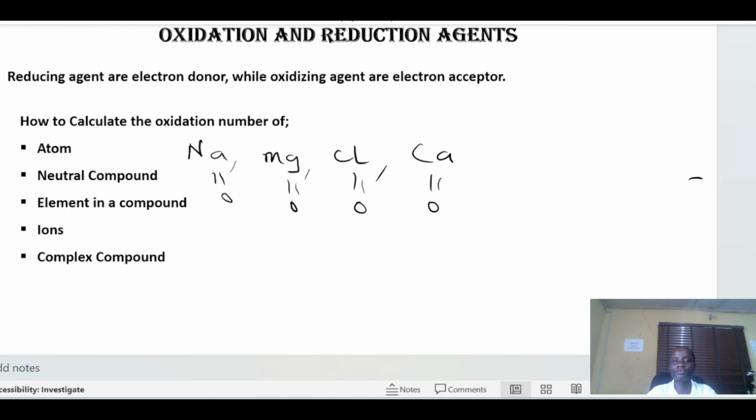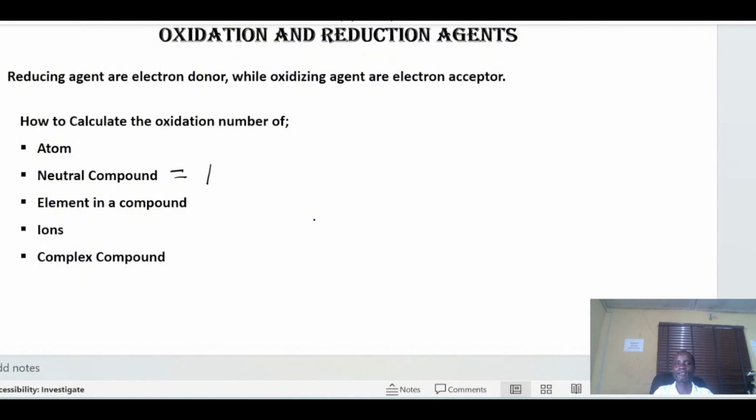But let's now also look at neutral compounds. What are the neutral compounds?